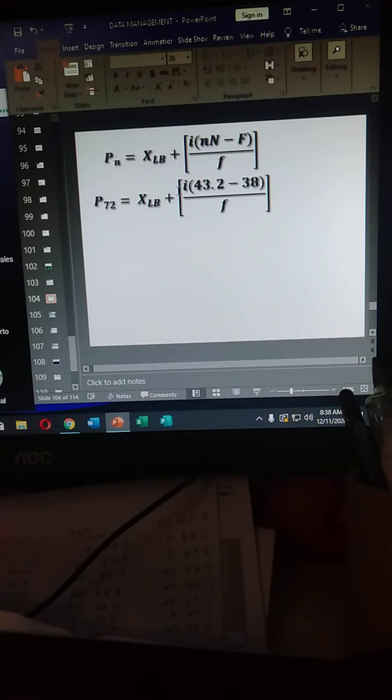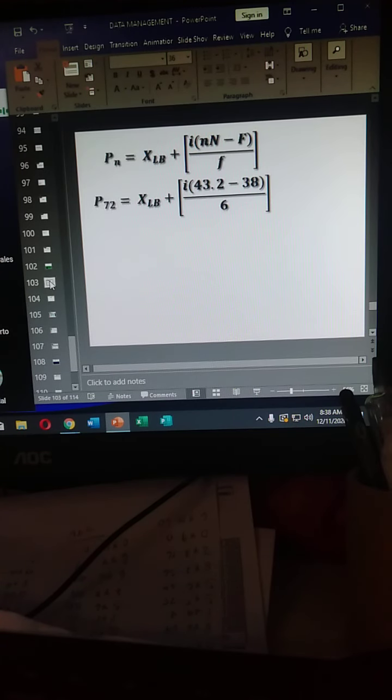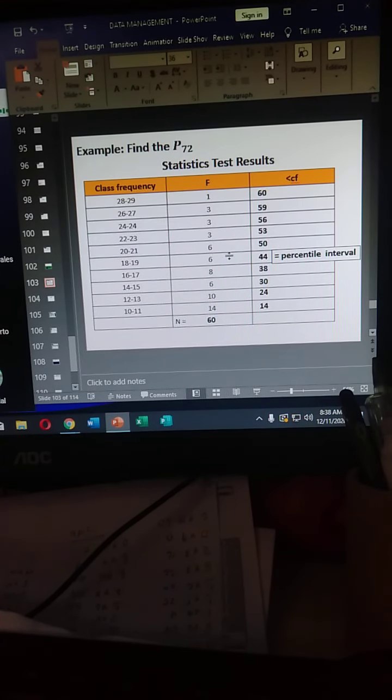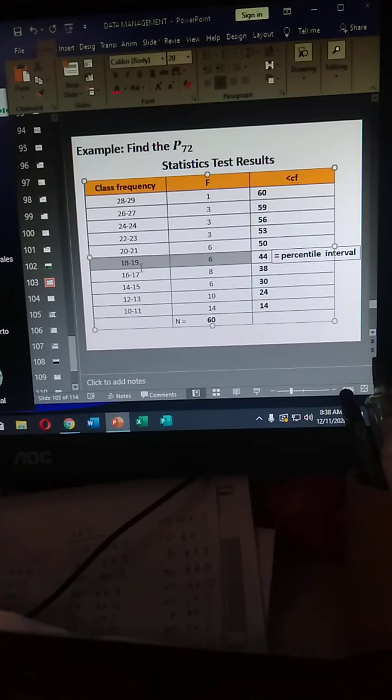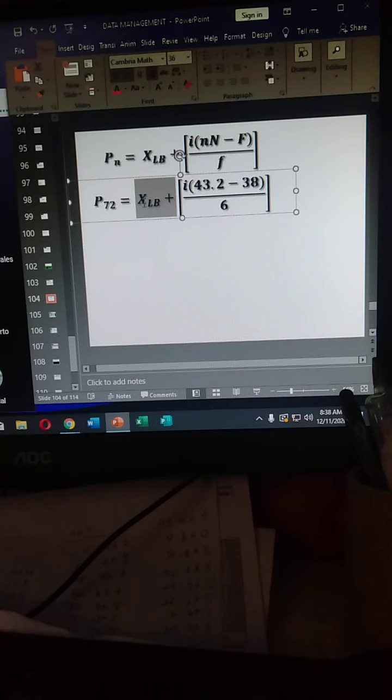Okay, so 6 to. How about the lower boundary? Kunin mo lang yung lower boundary dito. And the lower boundary here, dito ka mag-focus, we have 18. Lower boundary ng 18, 17.5. So, 17.5 dito.